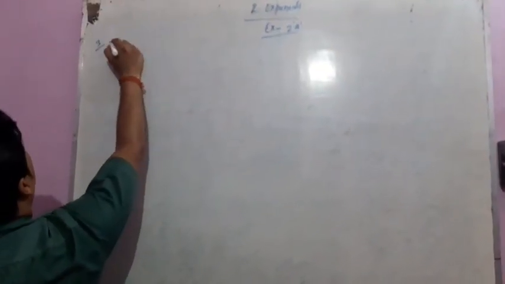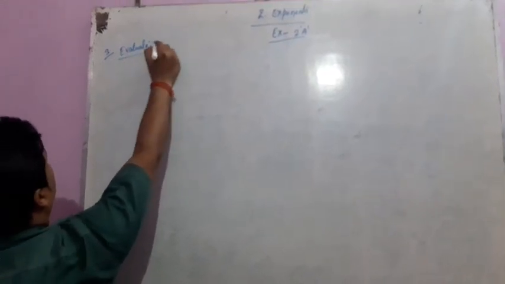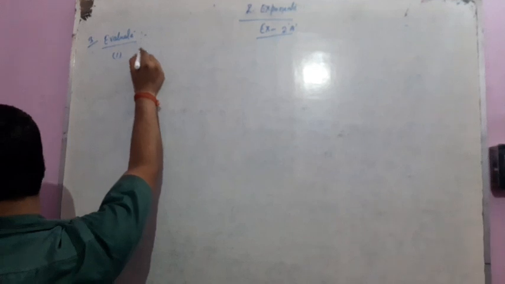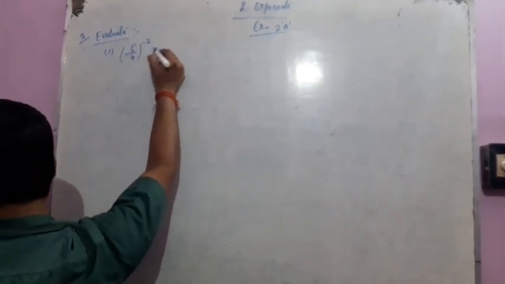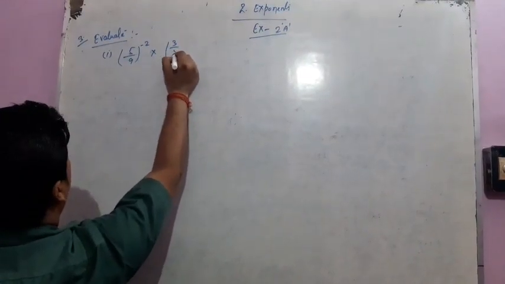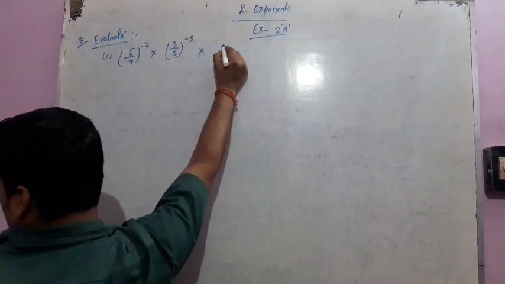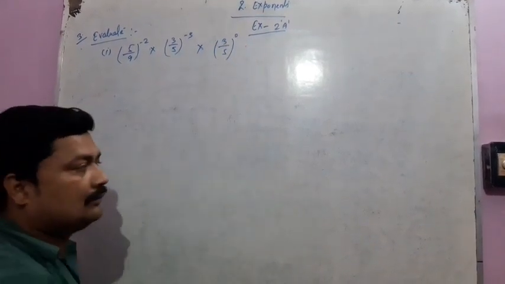In question number 3, it is also given to evaluate. Here the first question is 5 by 9 to the power minus 2 into 3 by 5 power minus 3 into 3 by 5 to the power 0. Now how will we solve it?